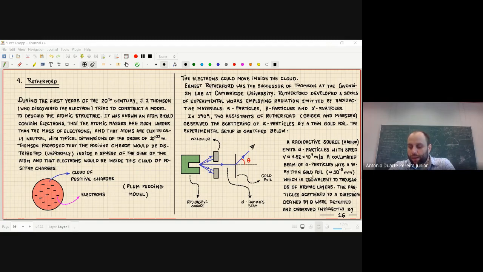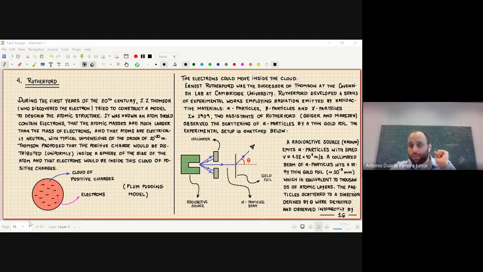And the gold foil, this thin layer here, had the dimension of 10 to the minus 3 millimeters. And if you think about the atomic scale, this is just a bunch of layers of atoms. So the particles are scattered and you measure them indirectly by a microscope.